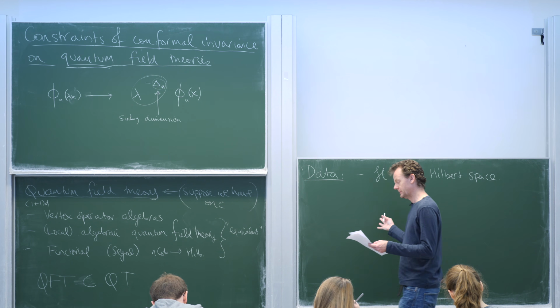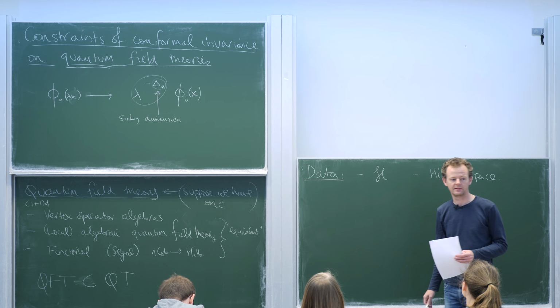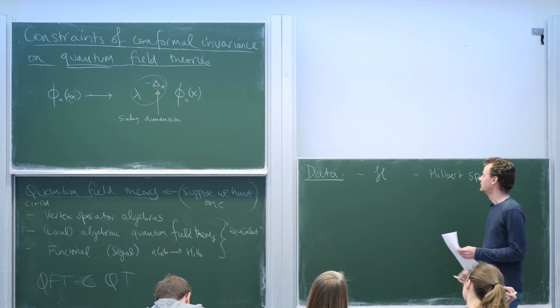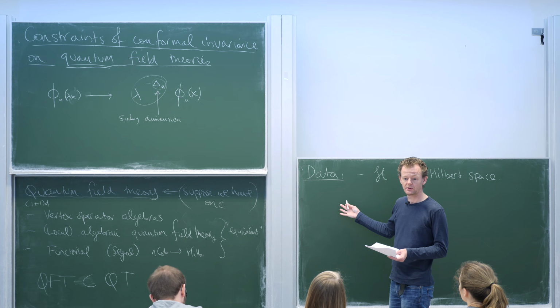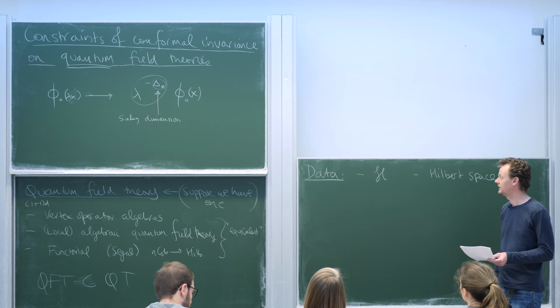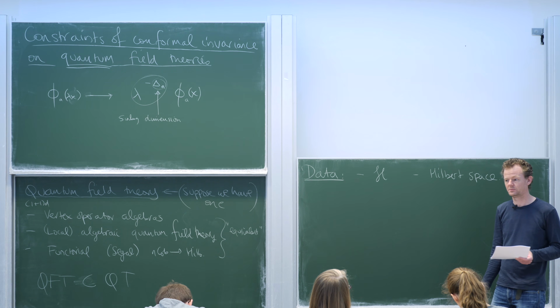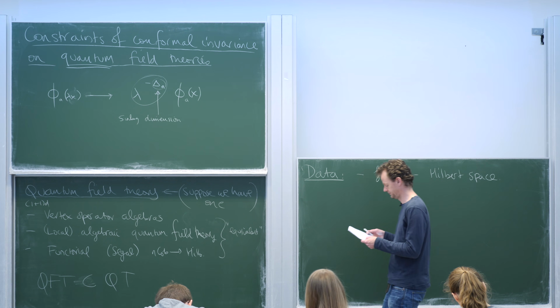Now there are going to be some interesting features of a quantum field theory as opposed to your favorite quantum theory. Usually the observables for a quantum theory are just, say, B(H), all the bounded operators on H. Here we will focus on a completely different set of observables, but I'll get to that in a minute.